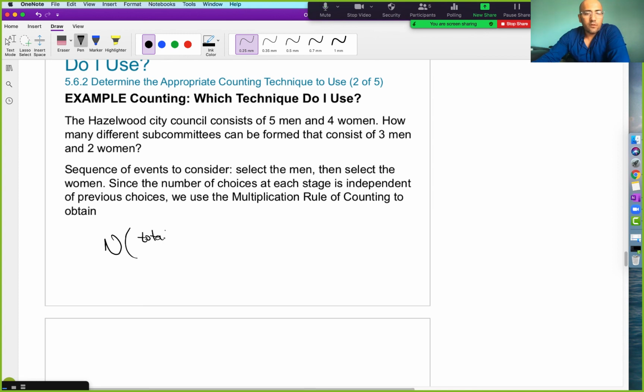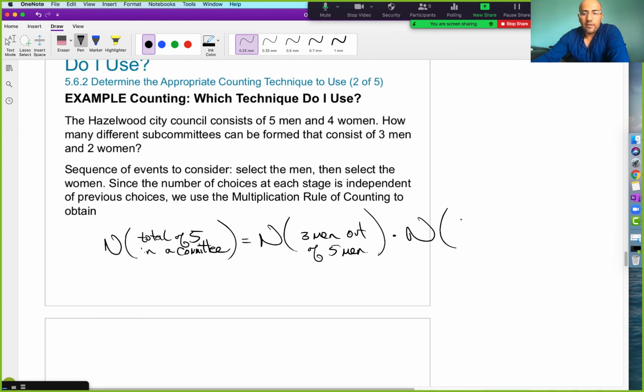So the number of subcommittees, with a total of 5 in a committee, is going to be equal to the number of ways we can pick 3 men out of the 5 men, times the number of ways in which we can pick 2 women from the 4 women possible.